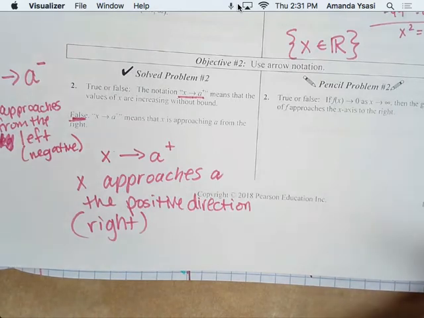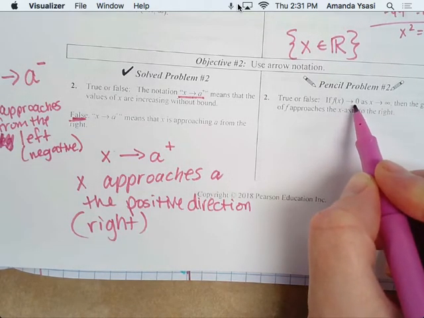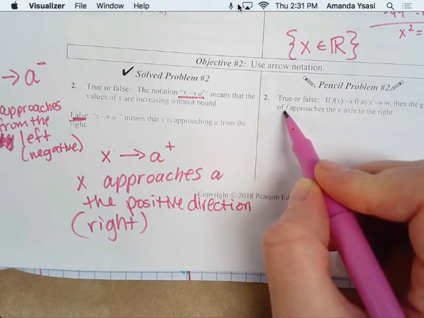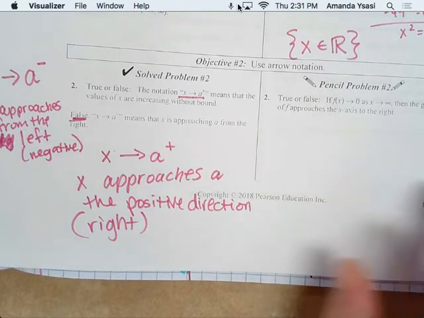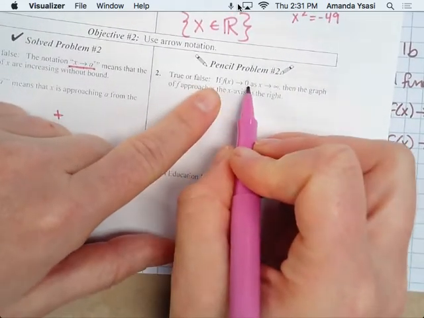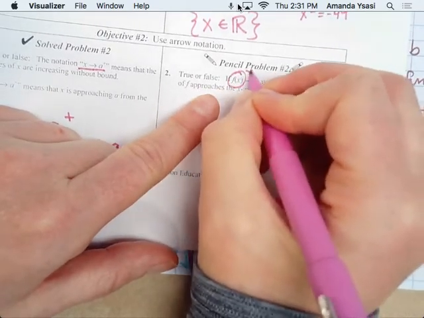Okay, number 2, true or false. If f of x approaches 0 as x goes to infinity, then the graph of f approaches the x-axis to the right. So if f of x approaches 0, so that's your y value. Remember, f of x is your y?